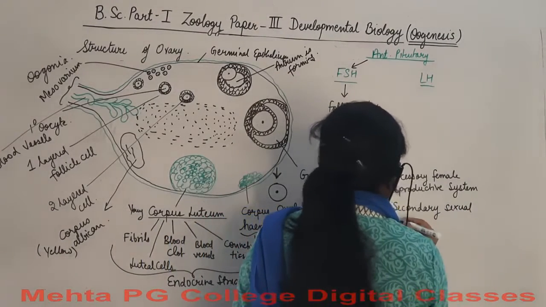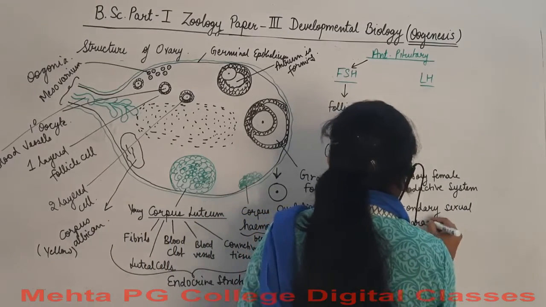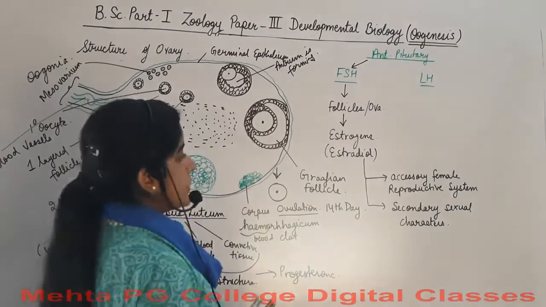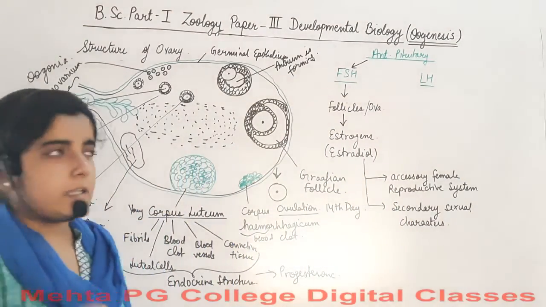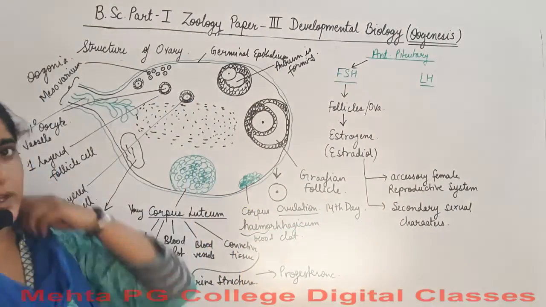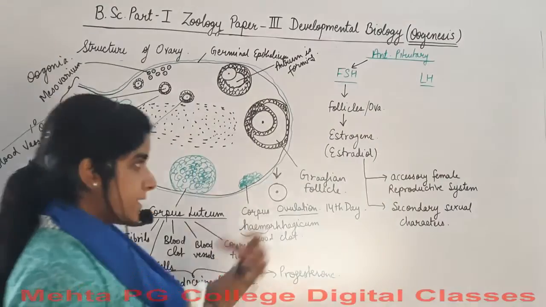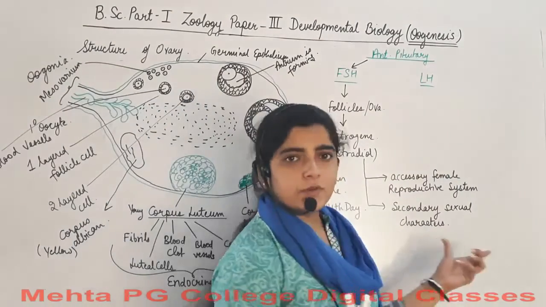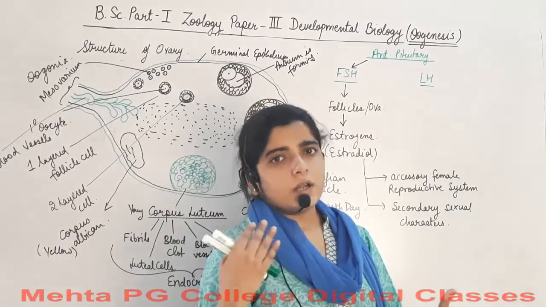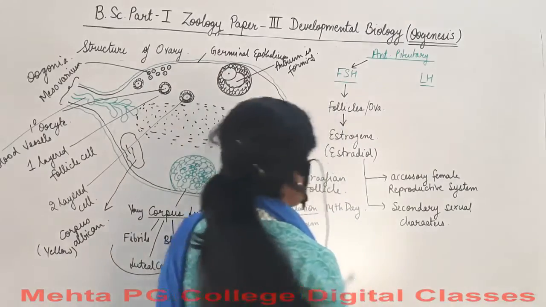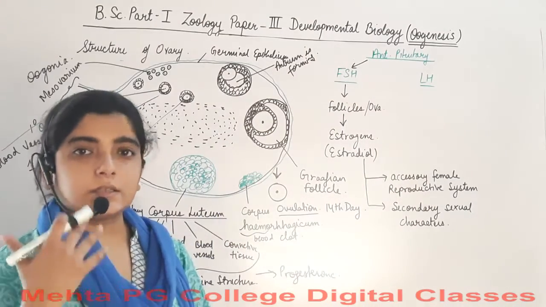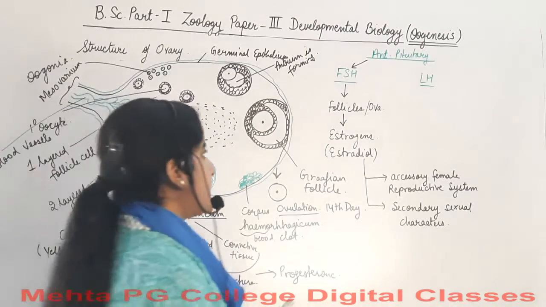So both these functions are controlled by estrogens, or we can say indirectly FSH is controlling these functions. So it helps in the formation of the accessory female reproductive system as well as secondary sexual characters, like growth of hair at the time of adolescence. There are many secondary sexual characters like muscle formation, voice change and many more.